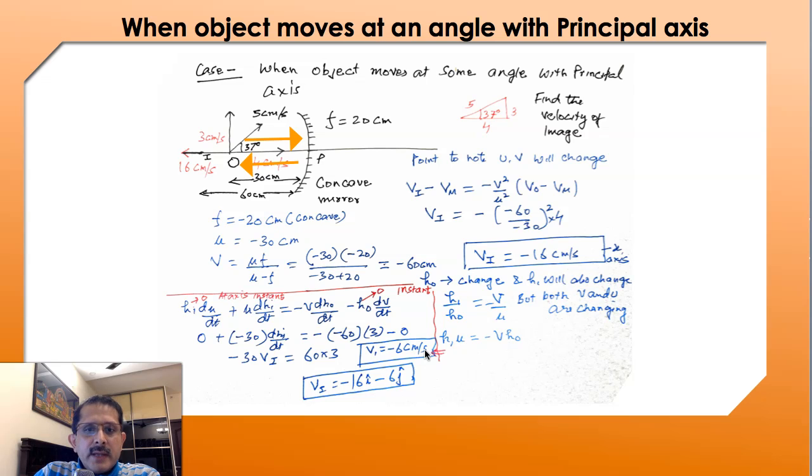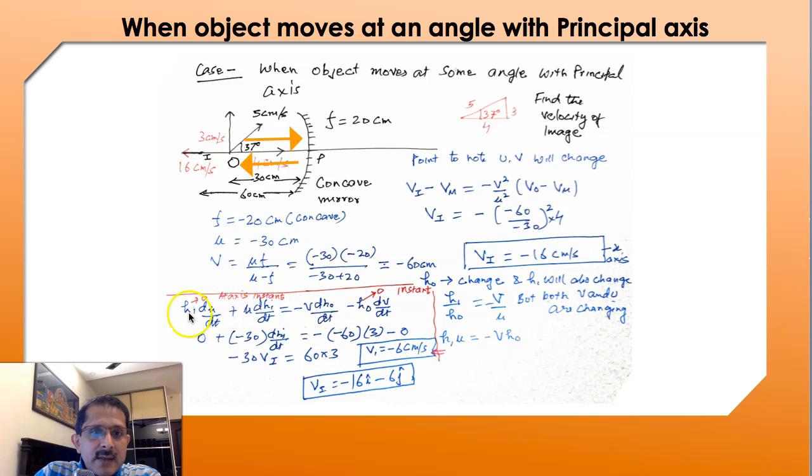Now, a very important thing in this question is that hi is 0, because this is instantaneous. At this point, the height of the image is 0. The height of the object is also 0 at this instant. There is no height. See, it is on the principal axis itself.